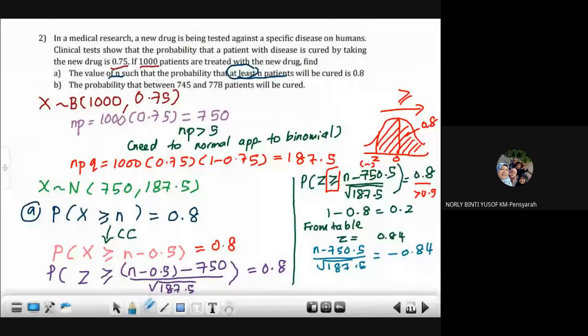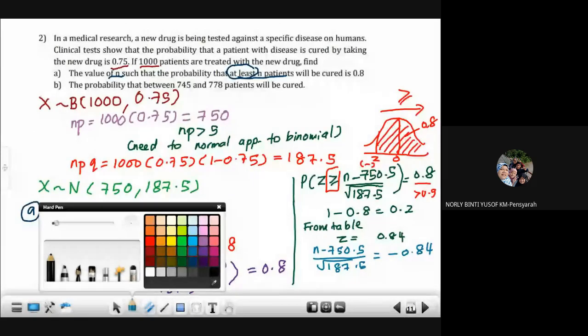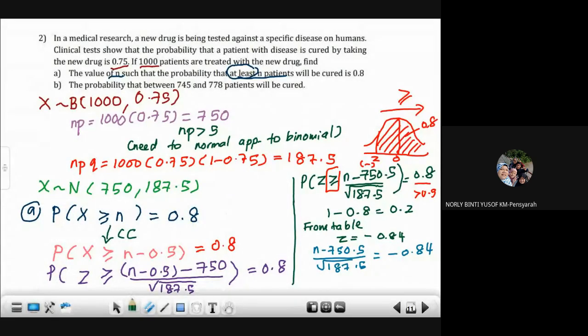Kalau you tertinggal negatif, nanti you punya jalan kerja salah lah untuk nilai akhir tu N. So ini pun sama, ini selesaikan macam biasa, ni darab, lepas tu tambah 750.5, nanti akan dapat N tu 738.997.